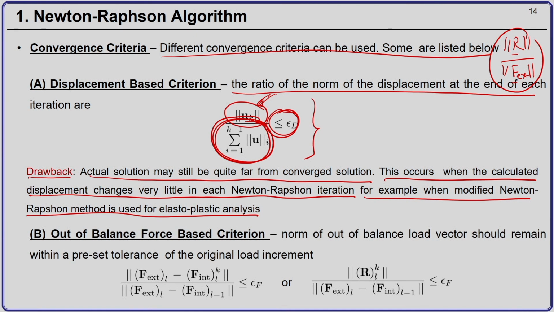Another criterion is the out of balance force based criterion, and that is what partially we had in our algorithm that we discussed in the previous slide. Here what we do?